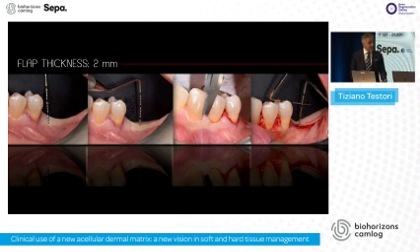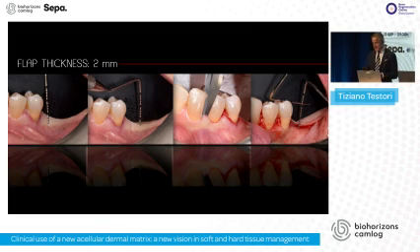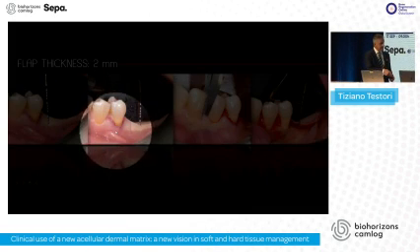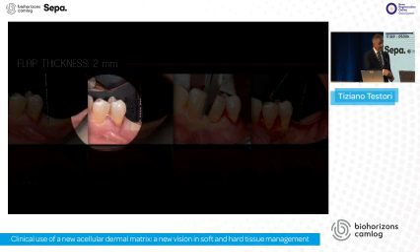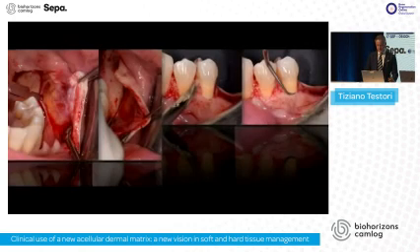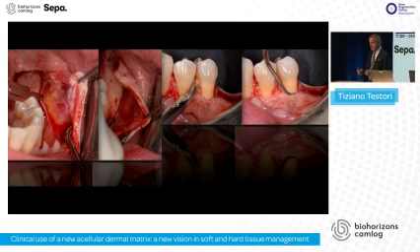The flap thickness is according to the Linkevicius studies. Then I want to combine two surgeries at the same time, implant surgery and perio surgery, and I even want to correct this type of tissue recession, root recession. I open the flap and do my periosteal incision right at the beginning of the surgery.